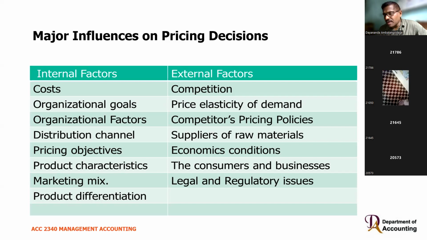For example, if your product is differentiated and you are producing for high-income people, then you may put the price a little bit high. If your product is for general people, then you will focus on low cost.